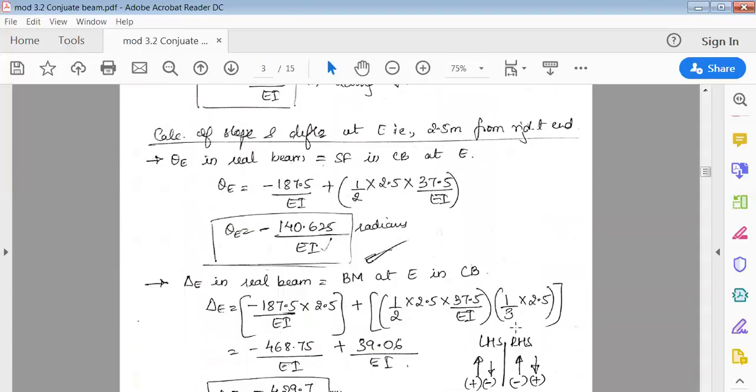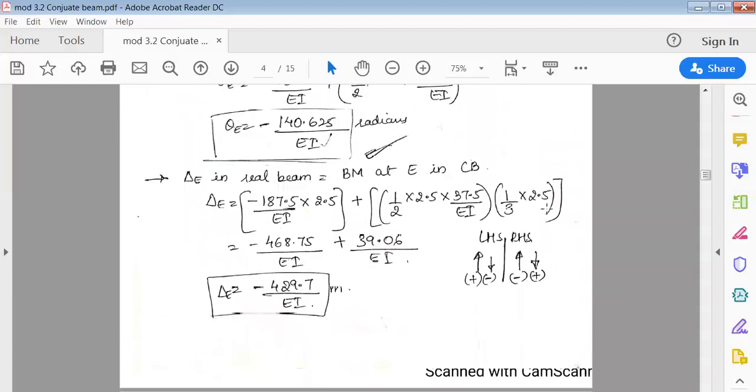So this is 1/3 of 2.5. Use just the moment, that is clockwise and anti-clockwise sign conventions, and then find delta E. Whatever is the answer, solve this properly and just keep it here. That would be delta E.